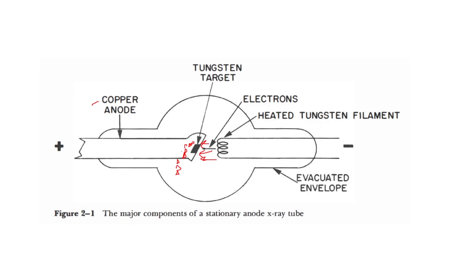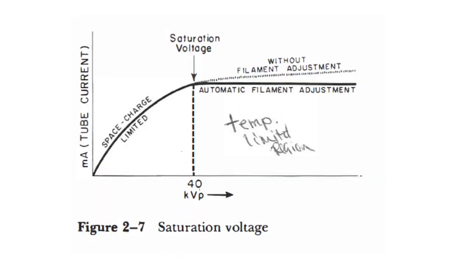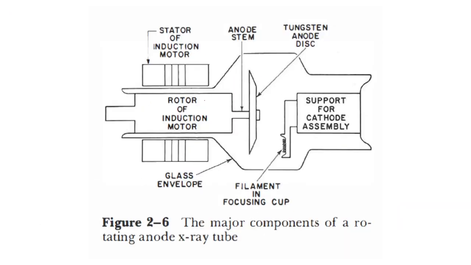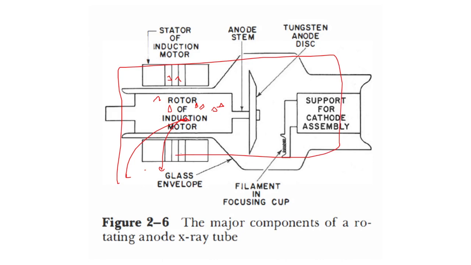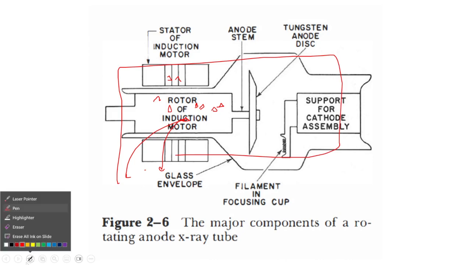Number 2, the entire anode assembly, with the anode stem and induction motor, might get overheated by repeated exposures before the heat from the anode is dissipated into the oil and tube housing.